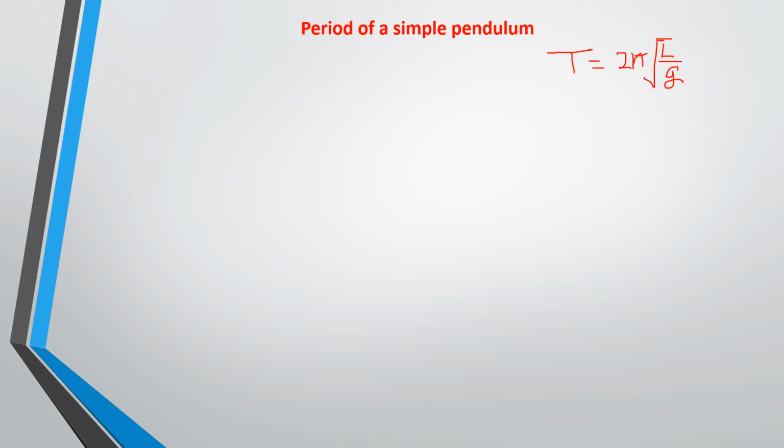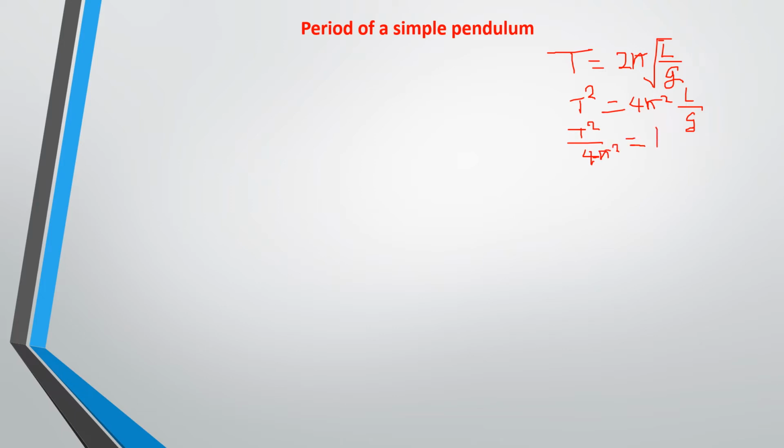Now you can work this out. If you want to work this out, you square both sides of the equation. You have T squared equals 4 pi squared L over g. Right, so this equation can also be written as T squared all over 4 pi squared equals L over g.